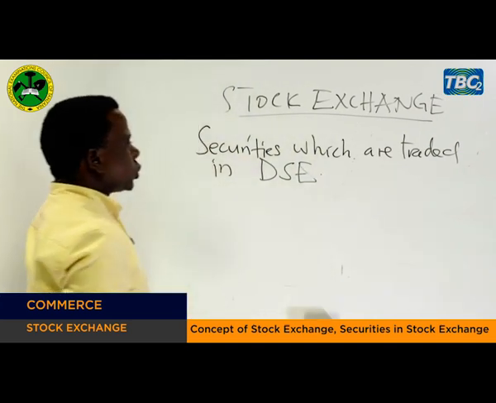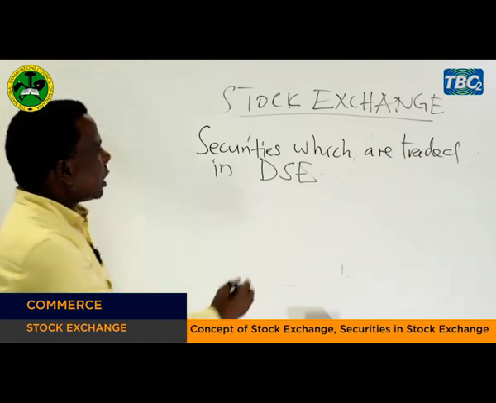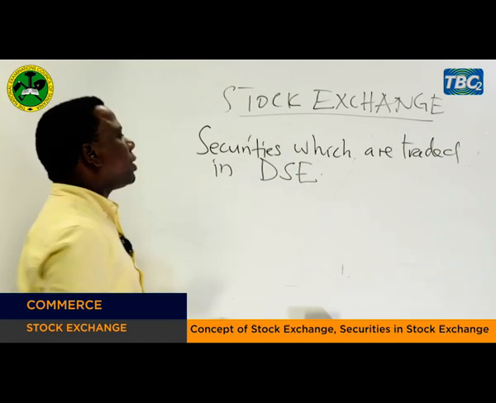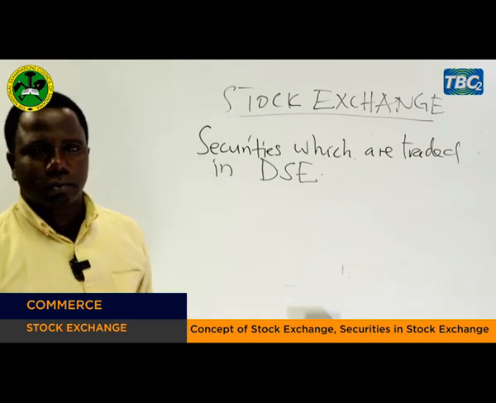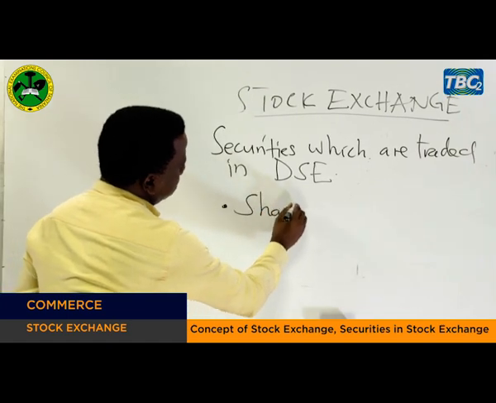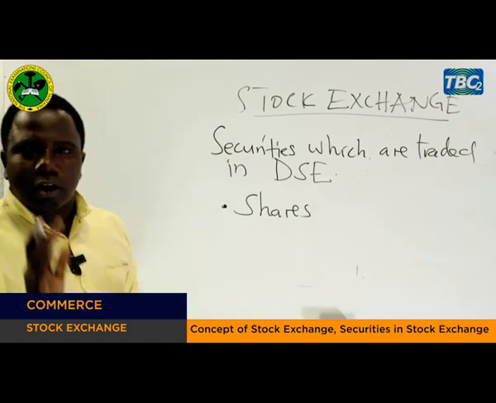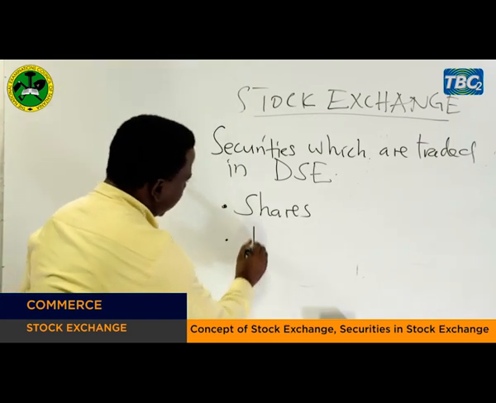So, what are the securities that are traded in Dar es Salaam Stock Exchange? Now this DSE stands for Dar es Salaam Stock Exchange. Now what are these securities? Number one is shares, which are traded in Dar es Salaam Stock Exchange. Number two is bonds.